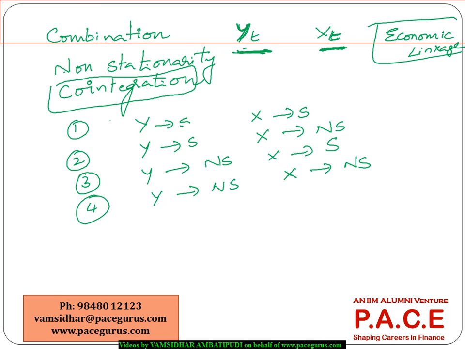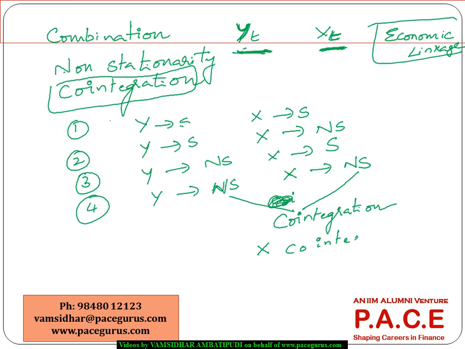So probably it may so happen, though they may be non-stationary, I would like to know whether they are co-integrated at least. So with both of them being non-stationary, I would also look out whether both of them are co-integrated, meaning a definite regression relationship exists between both of them, or they are not co-integrated.